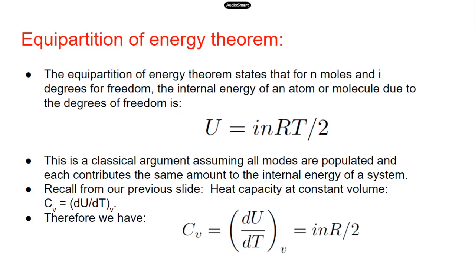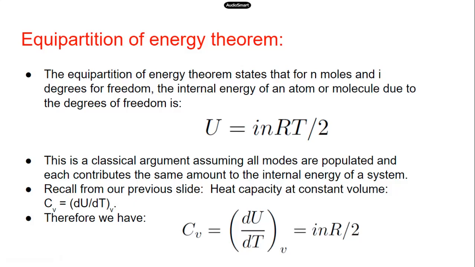Anyway, in the last slide, we saw that the heat capacity at constant volume is dU/dT. If we differentiate this with respect to temperature, we just have iNR over 2. So we have C_V equals iNR over 2. I want to stay here for a minute. Sometimes you can write heat capacity, and I'll do this for the rest of this lecture, in dimensionless units.